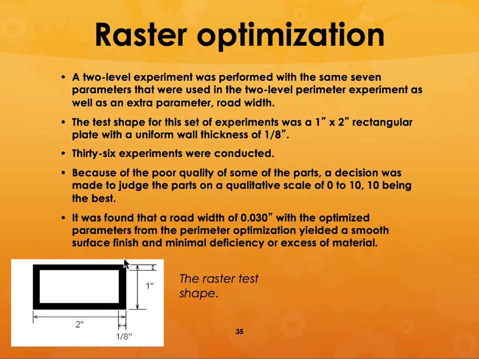In this case, we deposited a square sample, and we wanted to find out the wall thickness at multiple points. We varied the road width, how fast it was laying it down, how much pressure we were applying, and so on.